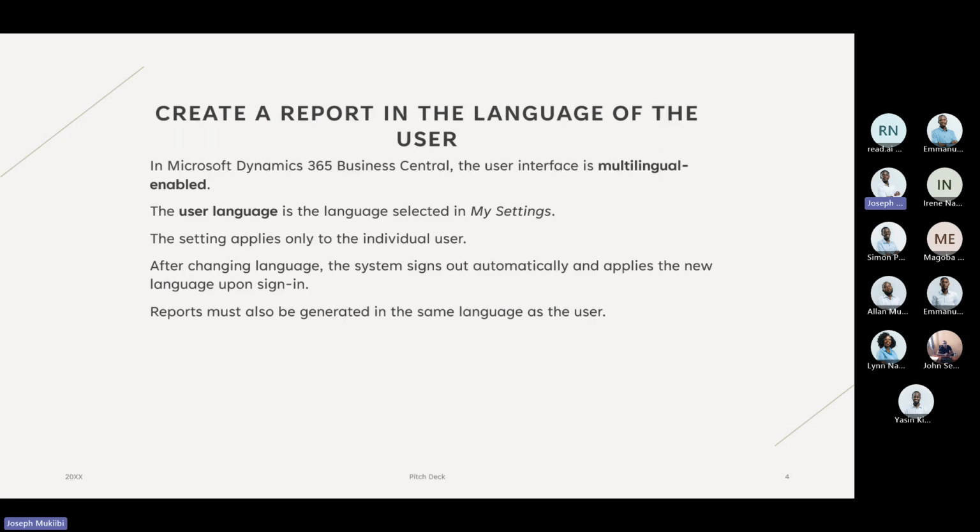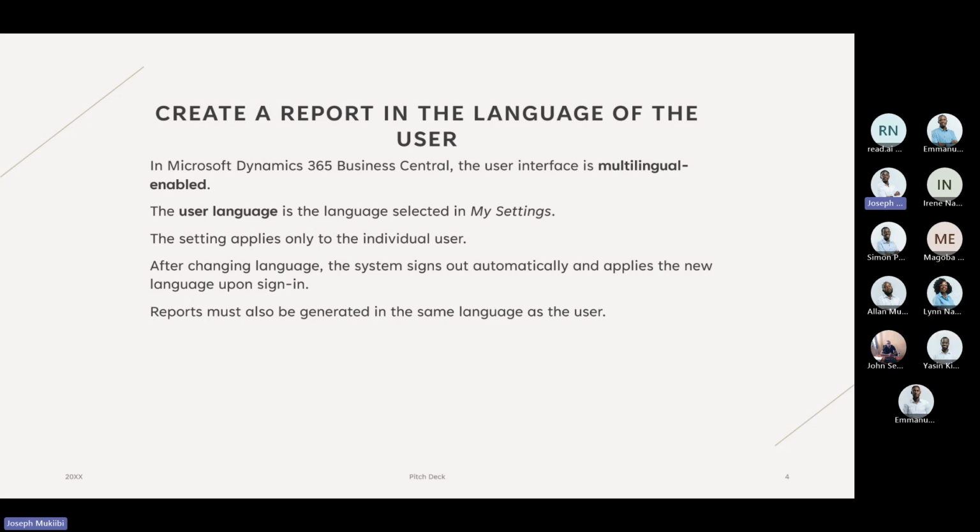So I'm going to take you through how you can create a report in the language of the user, meaning the person using Business Central. The user language is the language selected in my settings on Business Central.